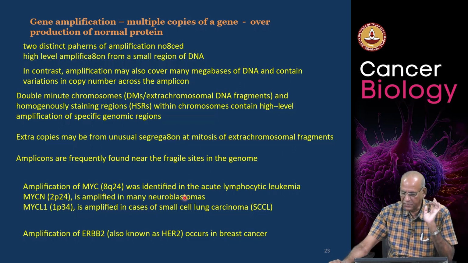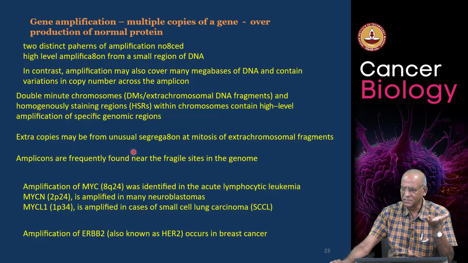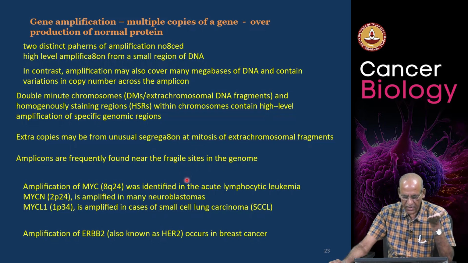The main example that you must remember, all these are just explaining how this mechanism happens, but the important one is the example MYC. MYC is an oncogene which is in the 8q24 region. I hope you know this terminology. 8q24 refers to the chromosomal region. So, 8q24 was identified in acute lymphocytic leukemia.